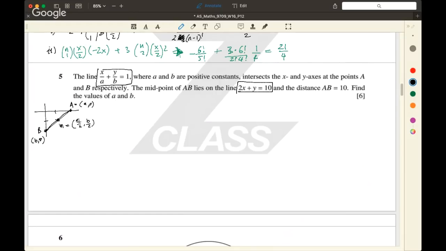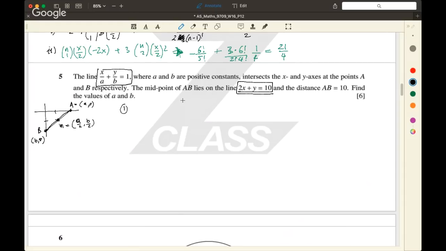Okay, so we're told some other facts now. We're told that this midpoint M lies on this second line. So this gives us one piece of information. The reason why I'm calling this little a and little b is because you can see that if I set x to 0, then y is equal to b, and if I set y to 0, then x is equal to a.